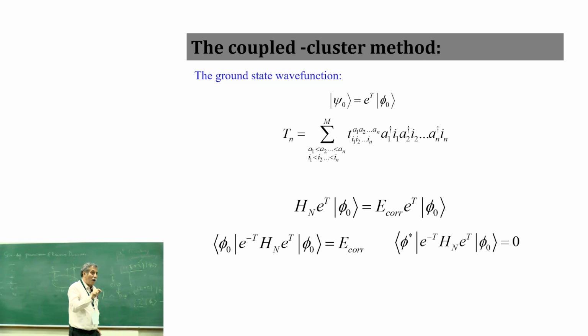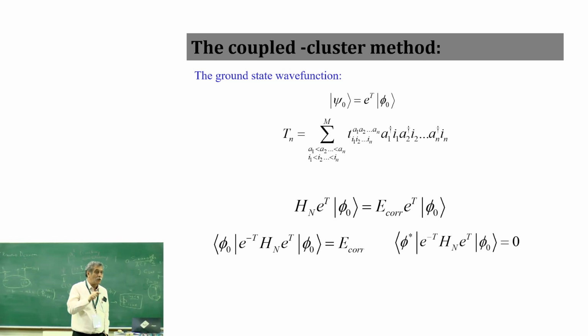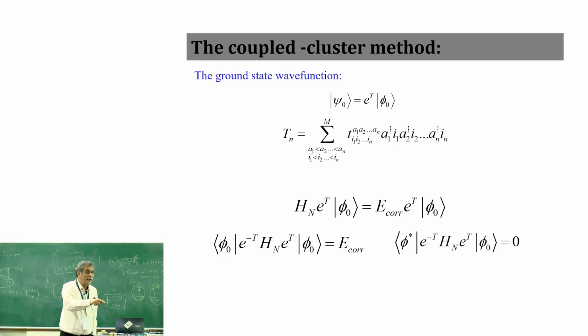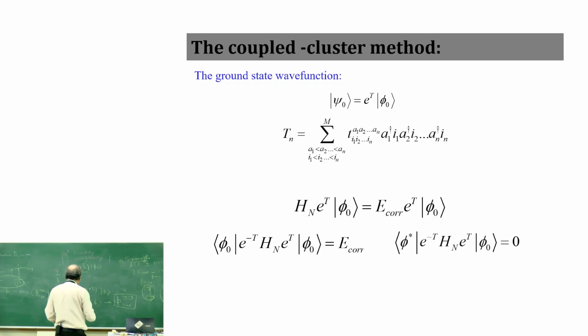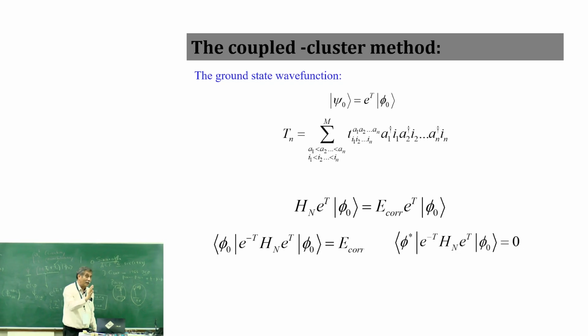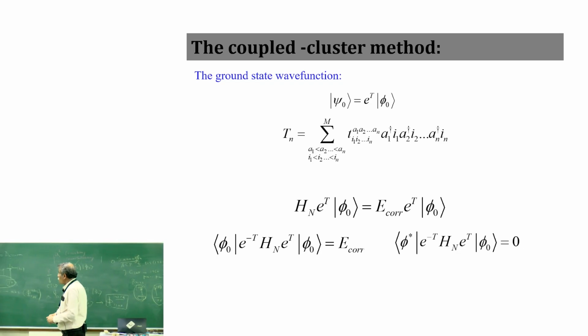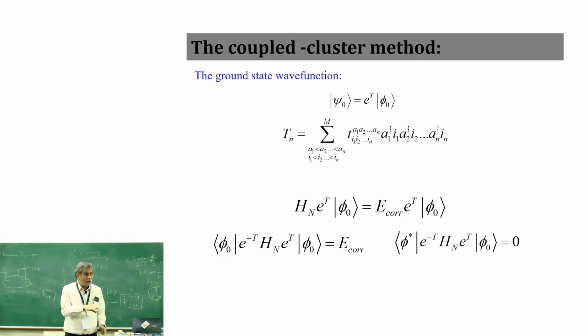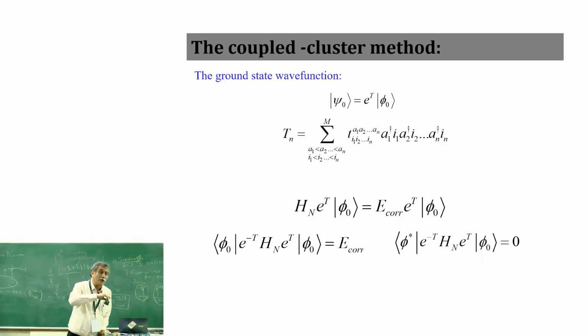Although the probability is small, there is a small probability. So to make it exact, you have to have T3. Similarly, there is a small probability that all these four particles can come together. Probability is only small because of the Pauli exclusion principle, but there is a small probability. So indeed, T3 is very small. T4 is also equally small, but T2 squared is not small. That is very large. But that is taken care of.